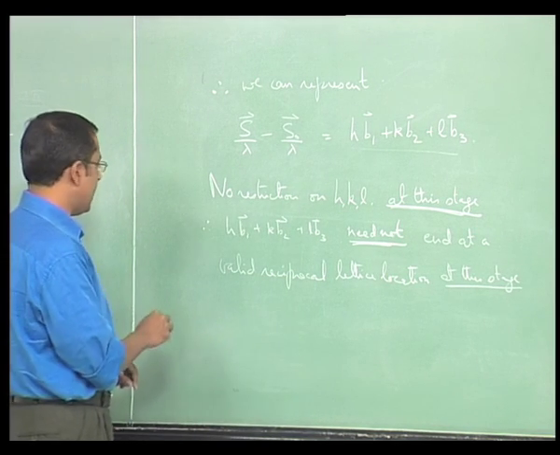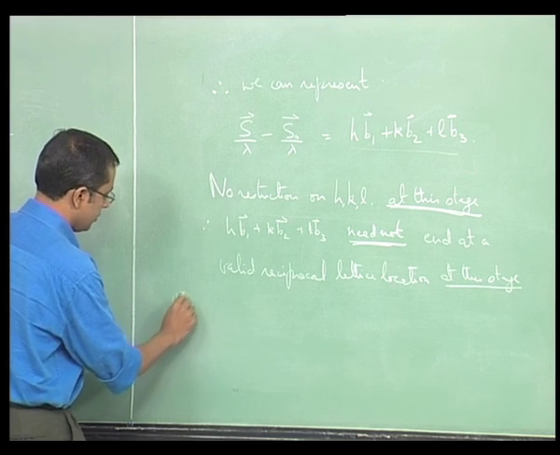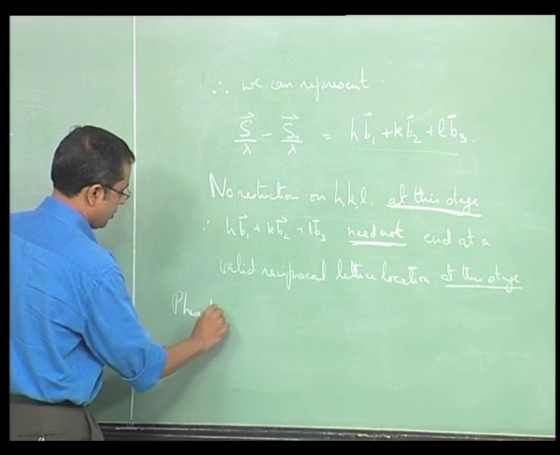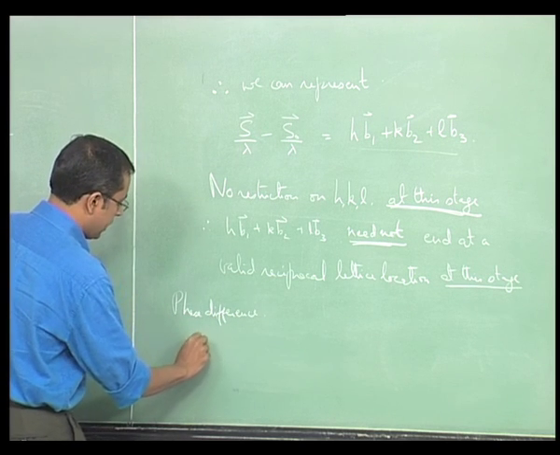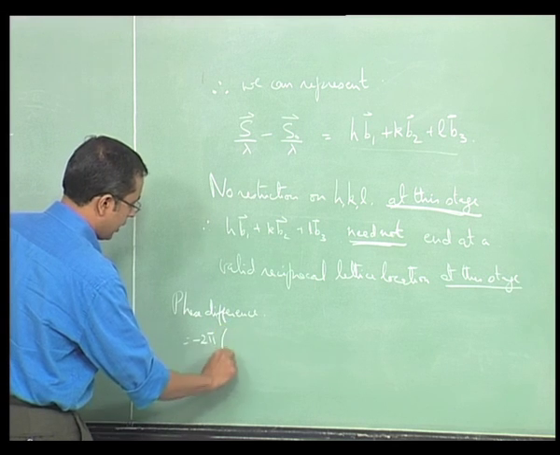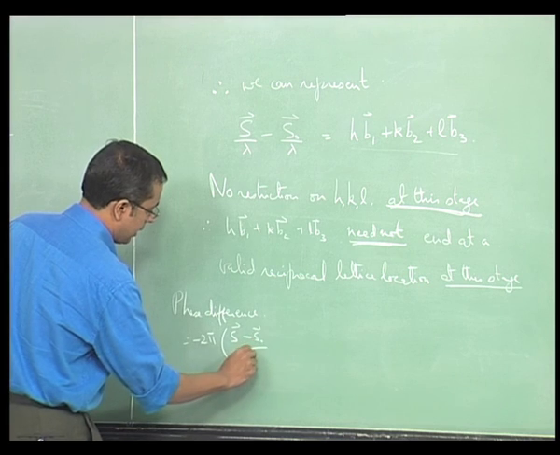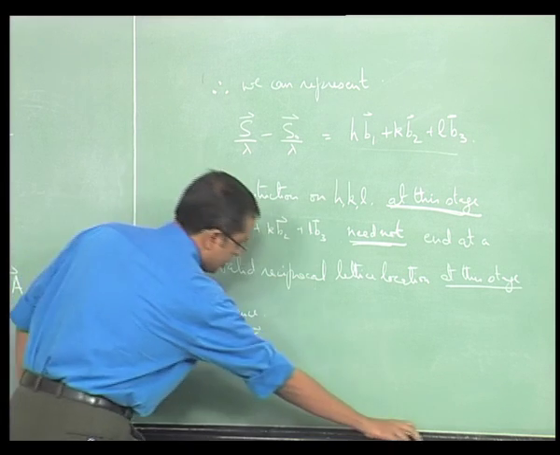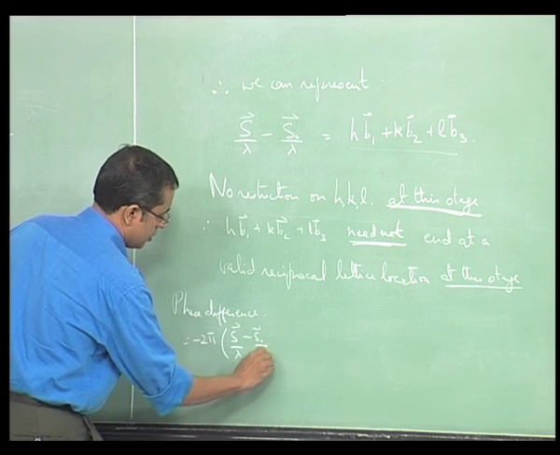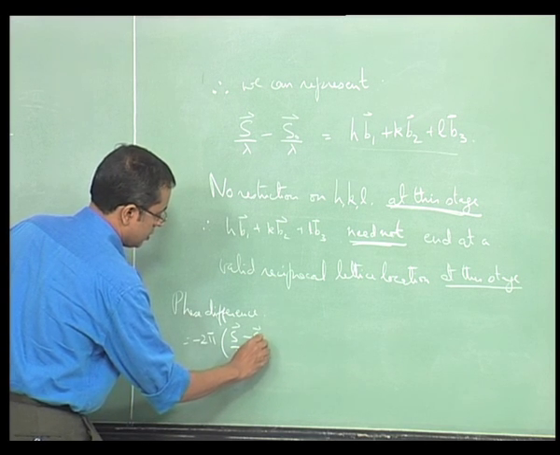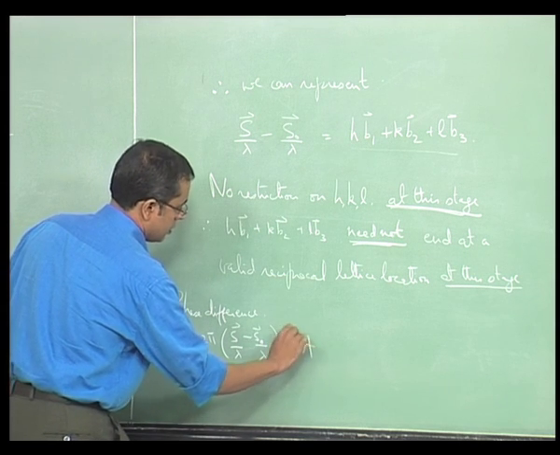Now we are saying that the phase difference is equal to minus 2 pi into S minus S0 by lambda dotted with OA.